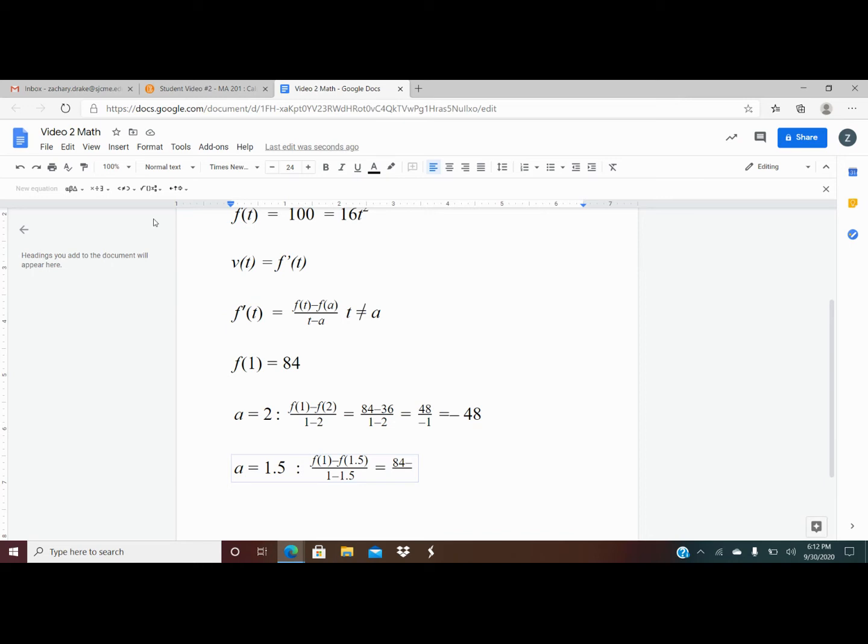Subtract that from 100 and we get 64. So the top is 84 minus 64, which is 20, and the bottom is 1 minus 1.5, so we have the fraction 20 over negative 0.5. Dividing by a half is the same as multiplying by 2. So that's 20 times negative 2, which gives us negative 40.